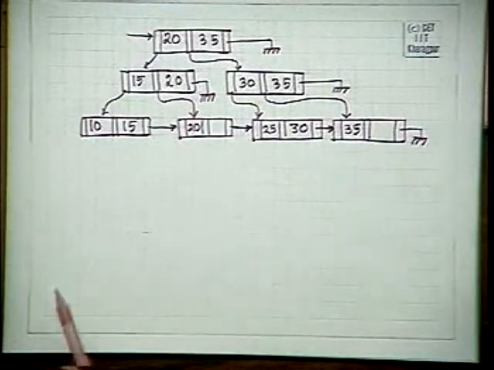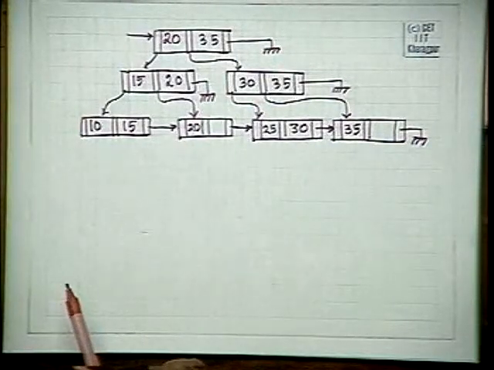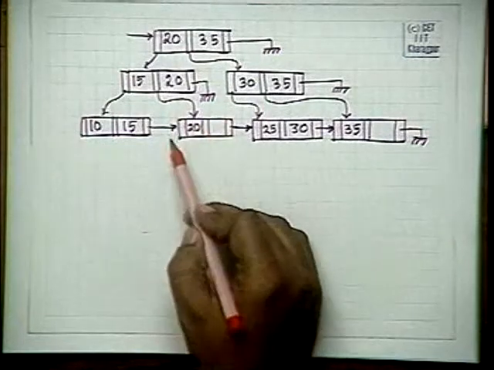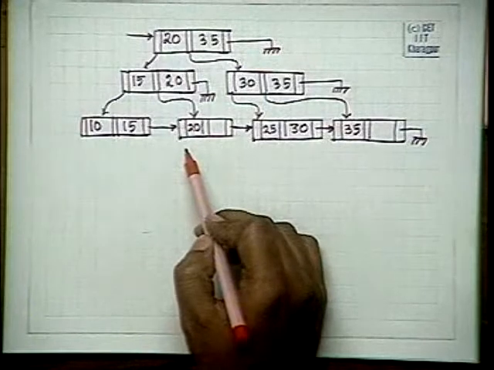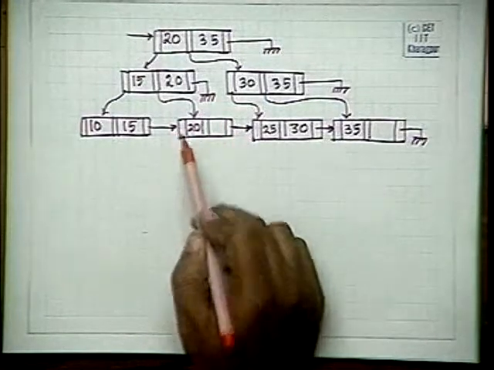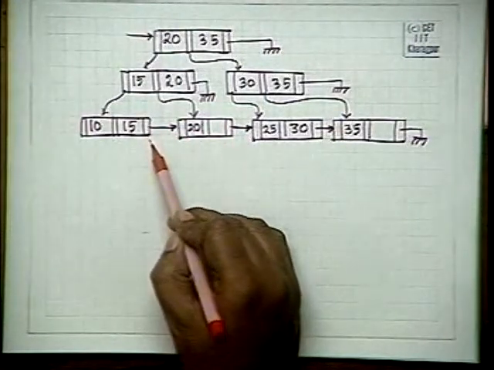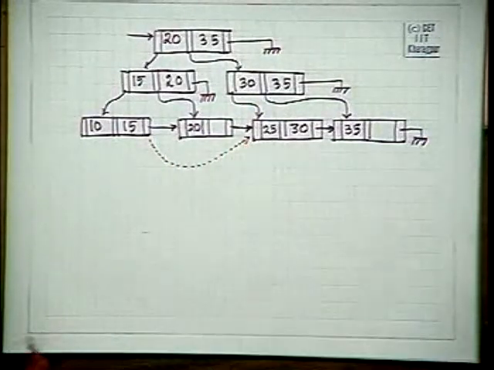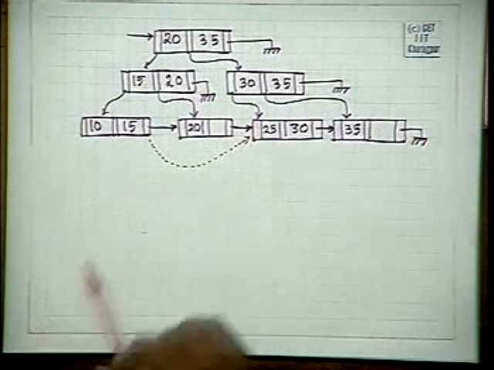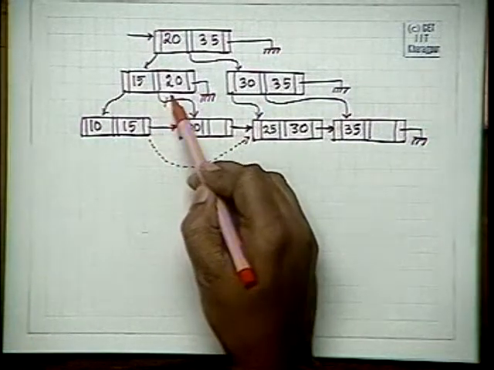If I delete 20, let us see what happens. This is deleted. When I delete 20, this becomes null. So I will have to throw it away. Before throwing it away, I will have to update this pointer. Then I will have to delete this.